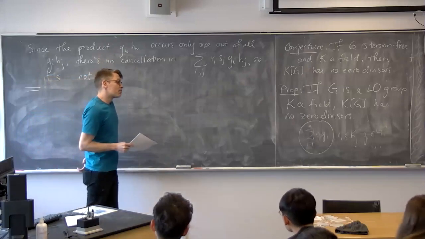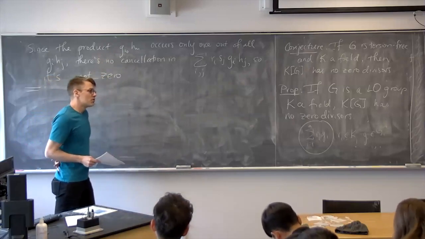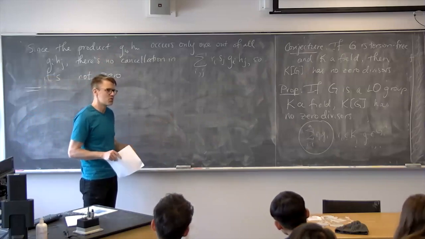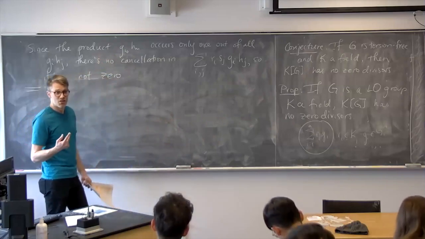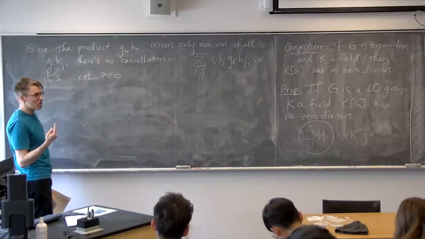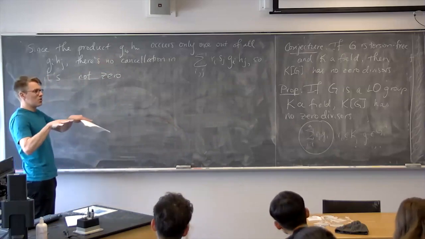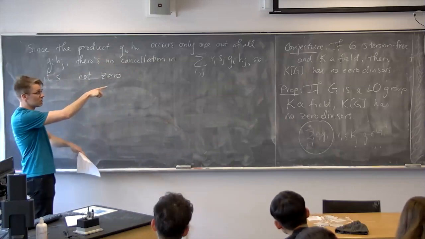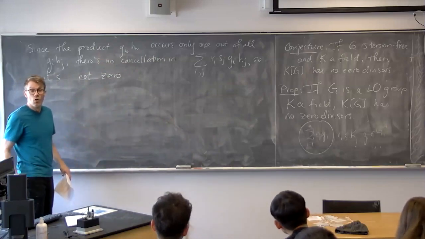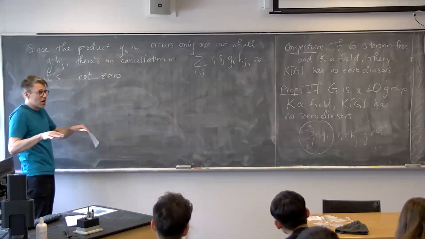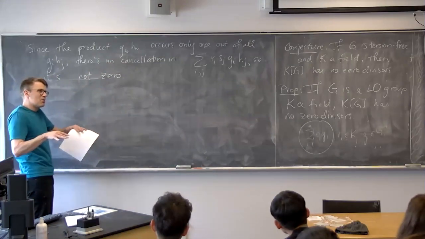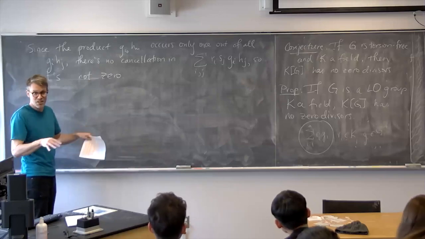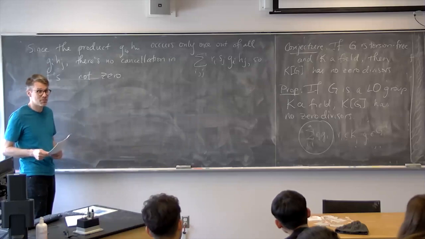So I want to sort of forget that it's left order and keep only the essential ingredients required to make this proof work. And there's two things that I could keep. I could keep this, which is any two finite sets of elements, there's a unique product, and that keeps the uniqueness of this product and it doesn't cancel. Or if I think that the ordering is important, I could keep that maximal elements with respect to that ordering exist, and so can't cancel with anything else by virtue of being maximal.